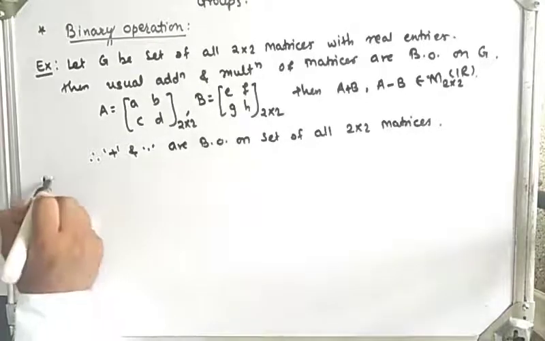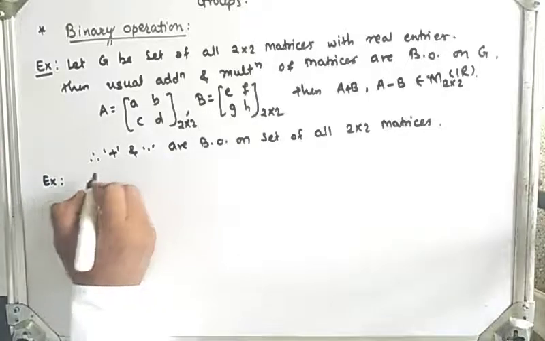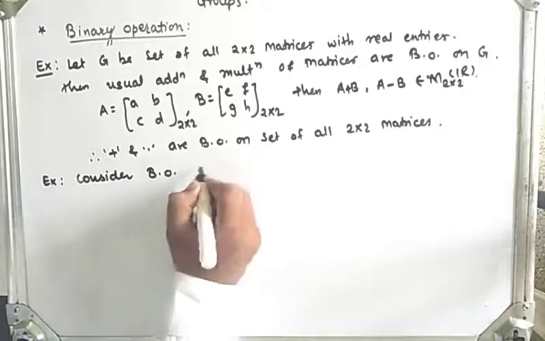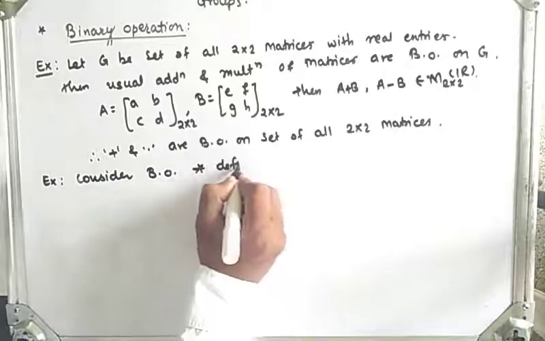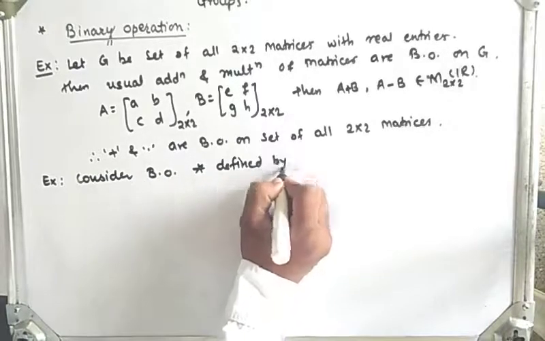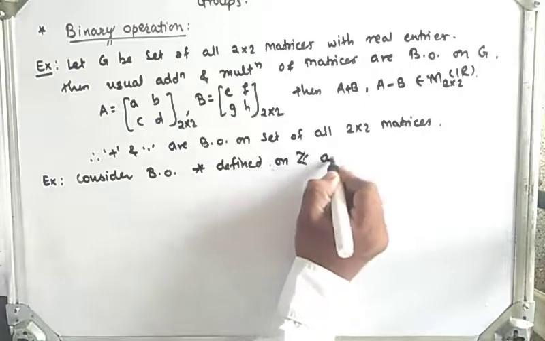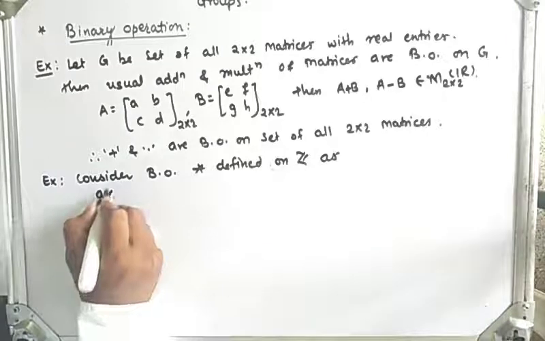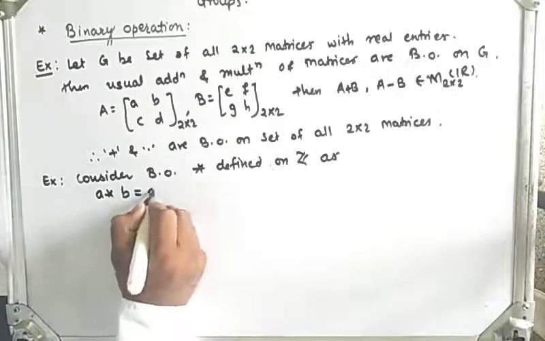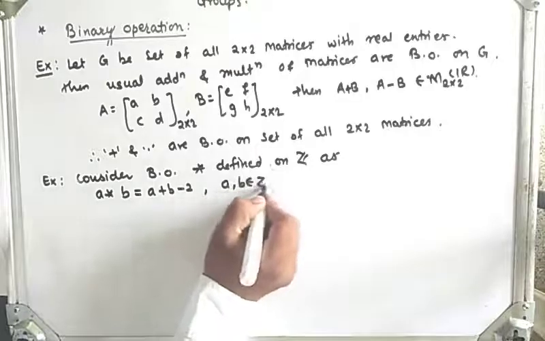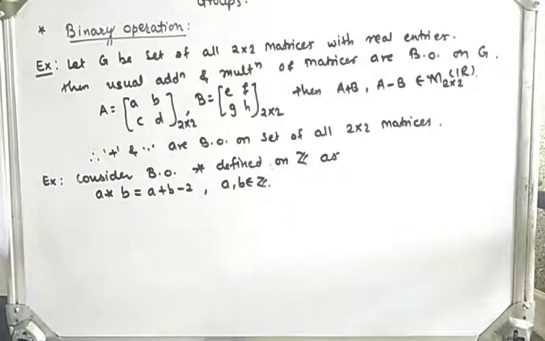So for another example, consider a binary operation star defined on the set of integers as A star B is equal to A plus B minus 2, where A, B belong to the set of integers. Is this operation a binary operation?